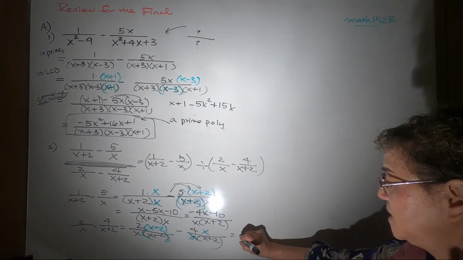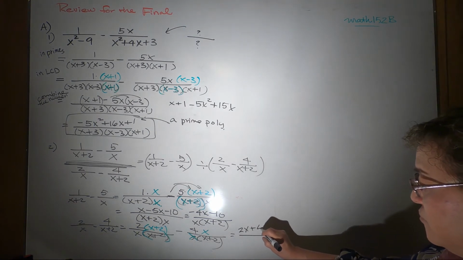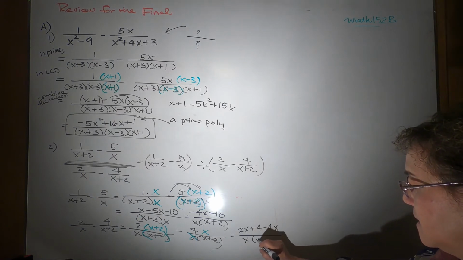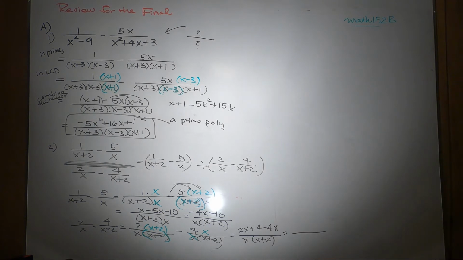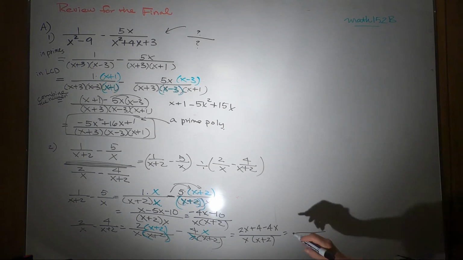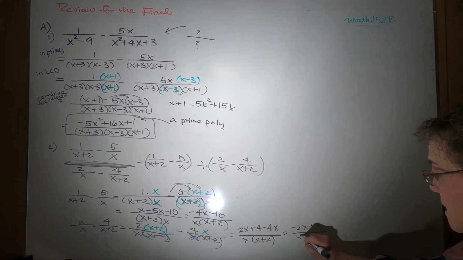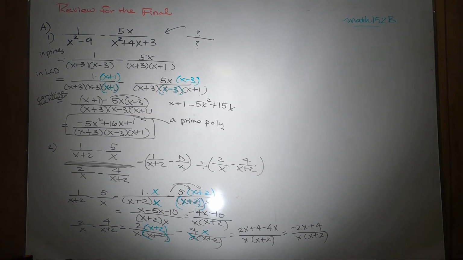So that would be 2x plus 4 minus 4x over x and x plus 2, right? So that would be negative 2x plus 4 over x plus 2, right?